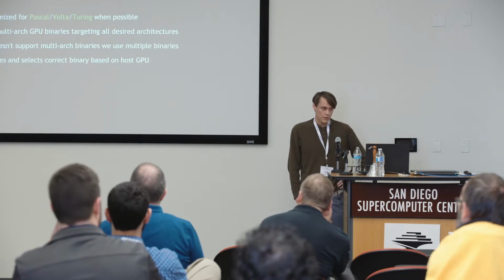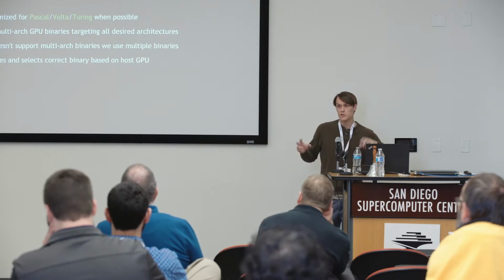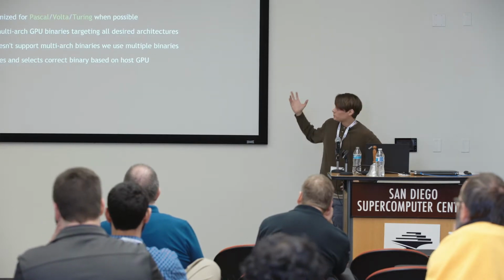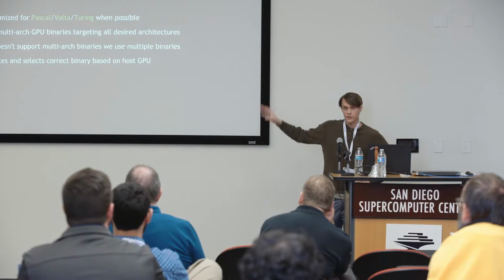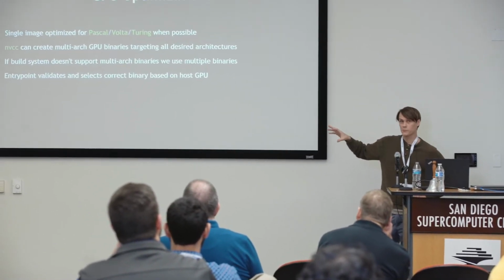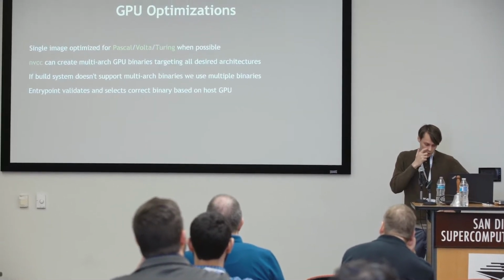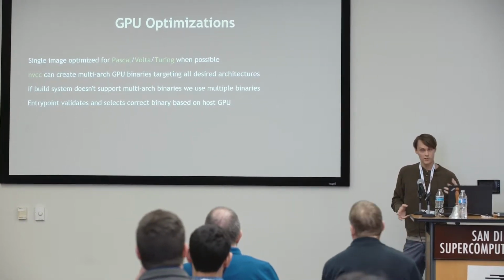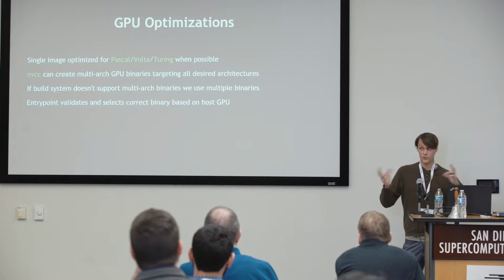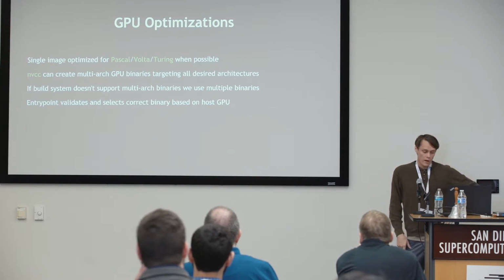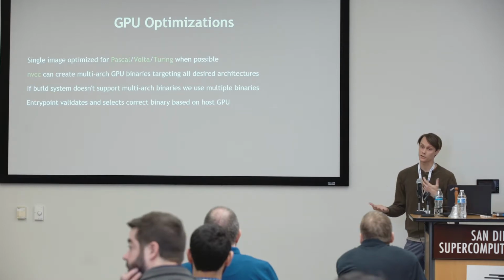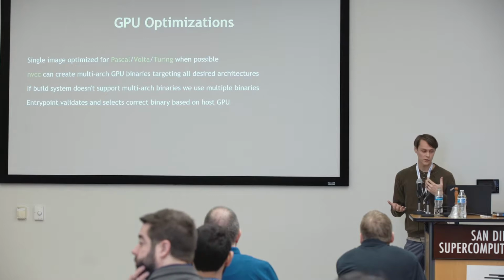Okay, so we target Pascal, Volta, and Turing generations of GPUs. We would like to have a single container that can optimally make use of these GPUs. And so ideally, we would use NVCC's fat binary capability to do this. That just works. It's very simple. But what we find is a lot of scientific applications have a build system on top of them, and that build system doesn't always expose this fat binary creation ability.